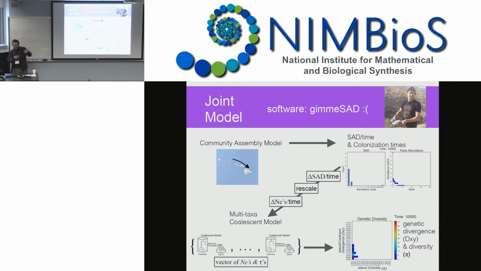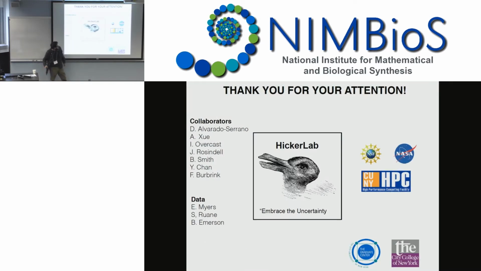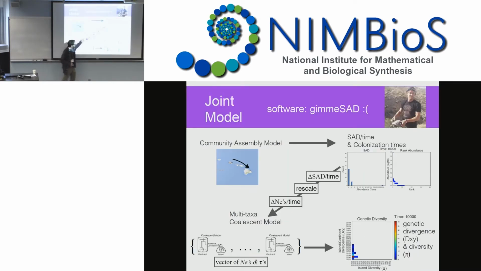This sounds like a mouthful, but so far Isaac has explored this. He has a software package called Gimme SAD. The SAD, that's his strange sense of humor, stands for species abundance distribution. Here we have a forward time model of assembly that can generate relative species abundance distributions, something that we might have a hard time observing in the field, especially with animal species.